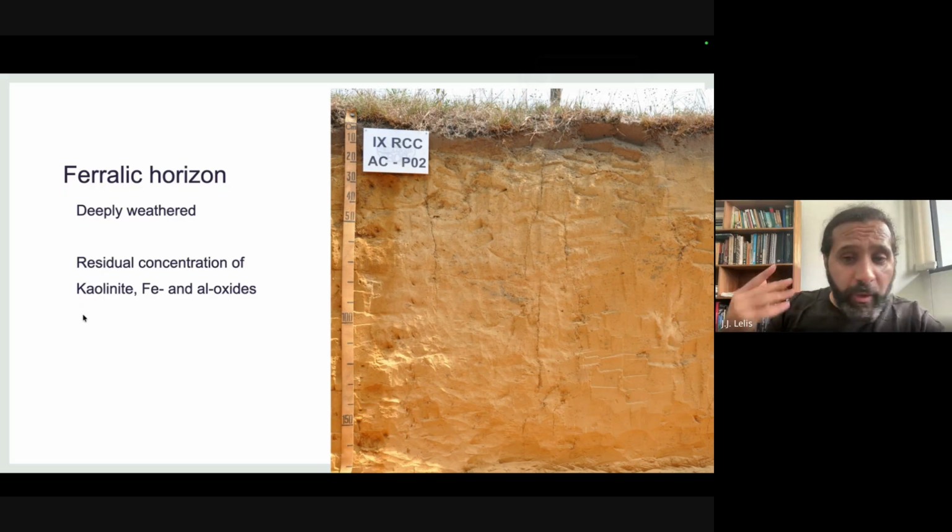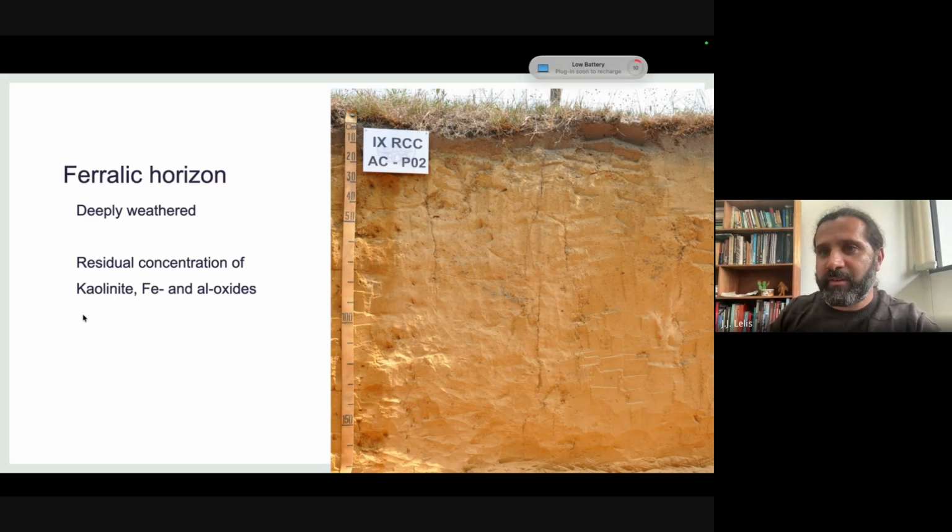It's quite common that the ferralic horizon is composed basically of kaolinite, iron, and aluminum oxides like goethite, hematite, gibbsite, kaolinite, halloysite. These are some of the minerals with the highest resistance against weathering.